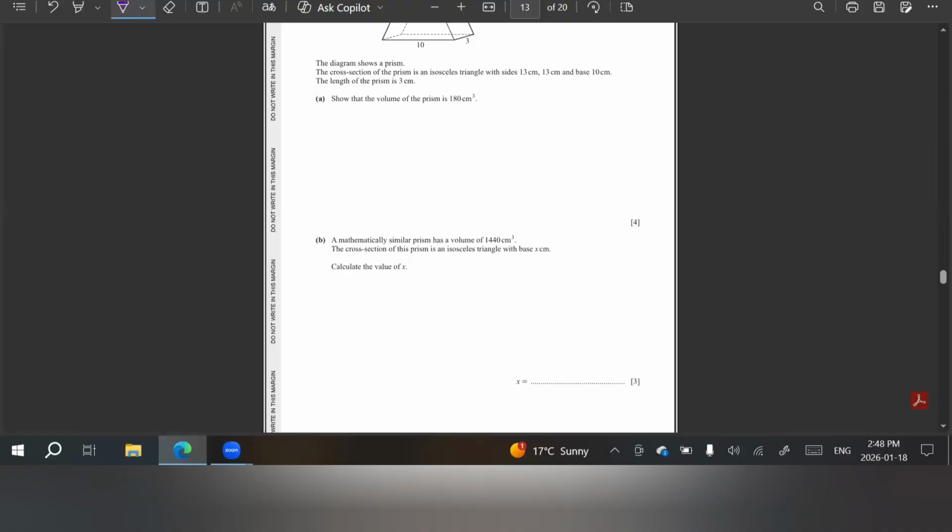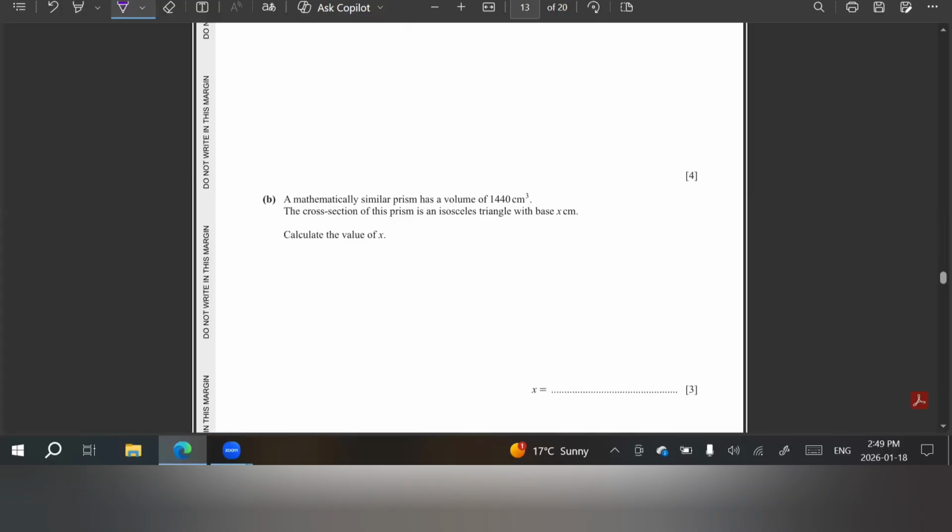Calculate the value of x. So he wants to find out the value of x, which is the base. When two things are similar, the ratio of their volumes is equal to the cube of the ratio of their heights, or the cube of the ratio of their bases.